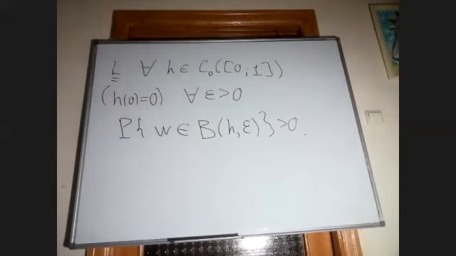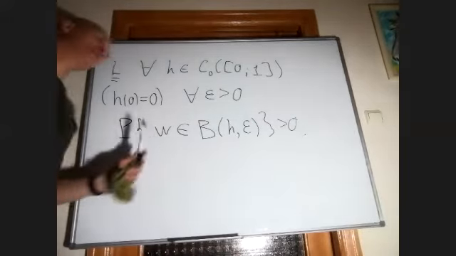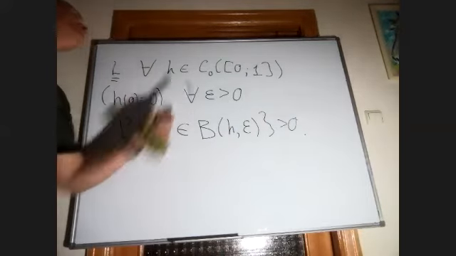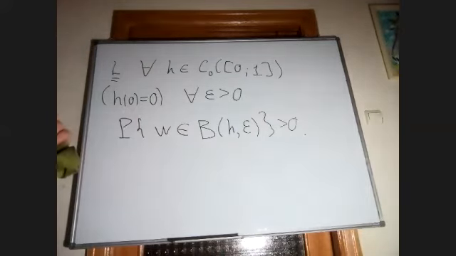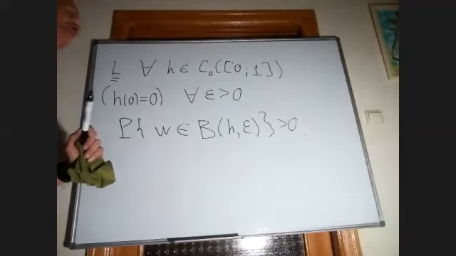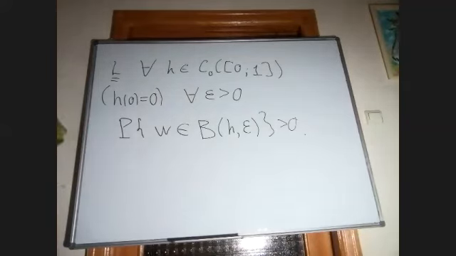So we live in any ball from C[0,1] with positive probability. This is an interesting consequence of our previous consideration. What does it mean?